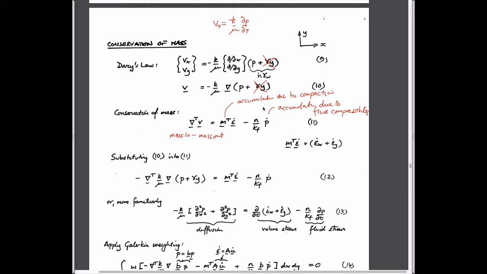And so you can imagine that there are two effects. The first effect is that you take the sponge and you squeeze it. You know the water's going to come out of the sponge. So that's because it deforms this term here. The second one is if you put water in a closed system and you compress it, so the pressure goes up. And so if the pressure goes up, it compresses.